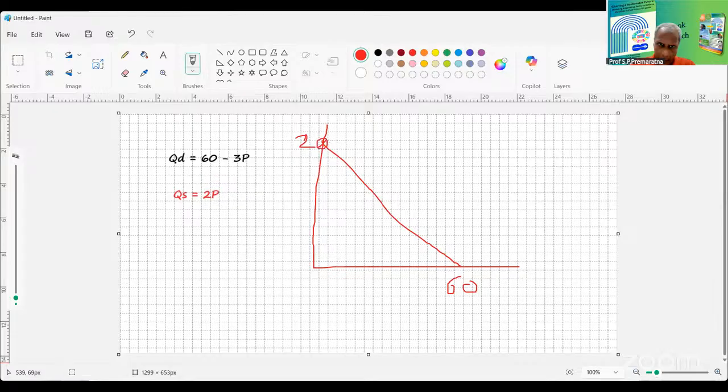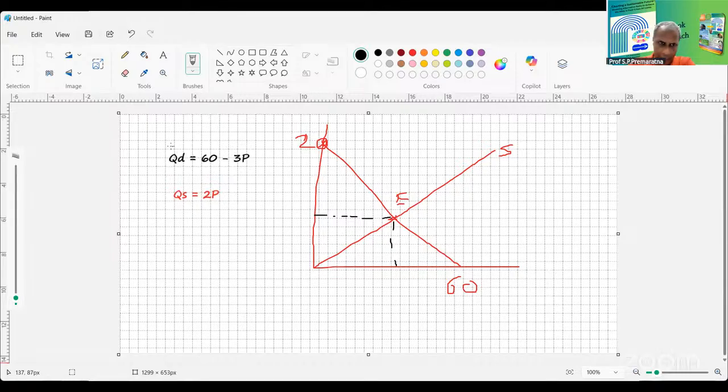We have a demand curve like that, and we also have a supply curve. There is the intersection point here, which I name point E. It's the equilibrium point. There the market quantity and the market price are decided, so the market clearing price and quantity.